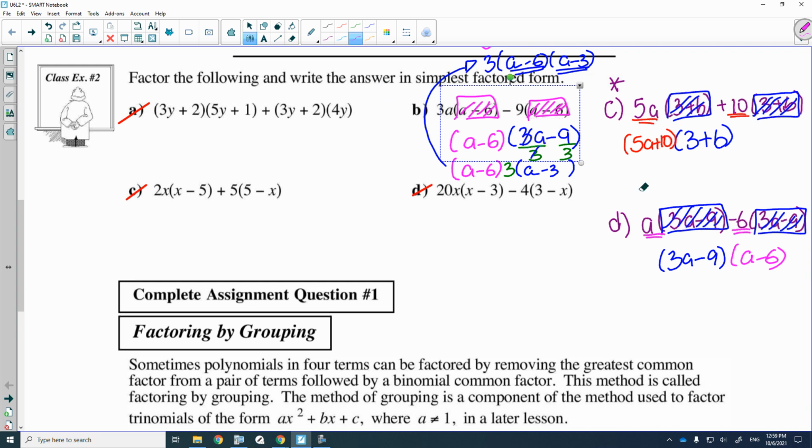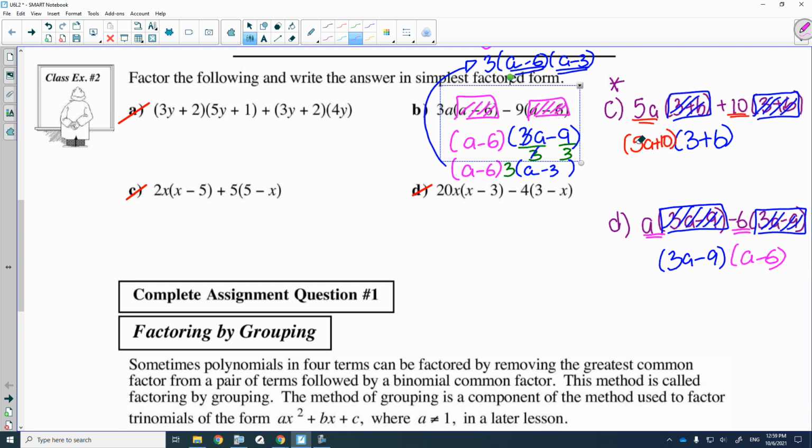Jackson, could you read me for C your 3 different factors? Oh, sorry, for this one. Did you do this one? Okay. Who's got the 3 factors for this one?